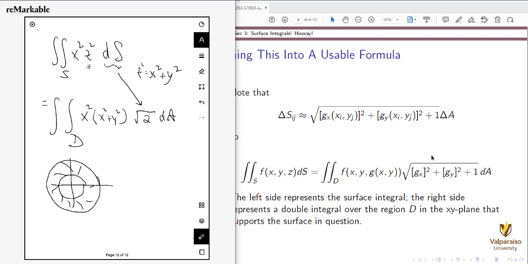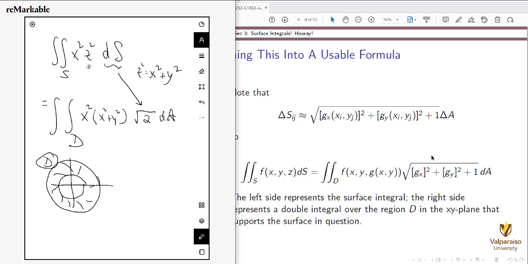So again, now we're back to good old-fashioned double integral problem. Here's our domain of integration, which is called D for a two-dimensional region, also because it looks like a donut. And we're evaluating the integral of x squared times x squared plus y squared square root of 2 dA.